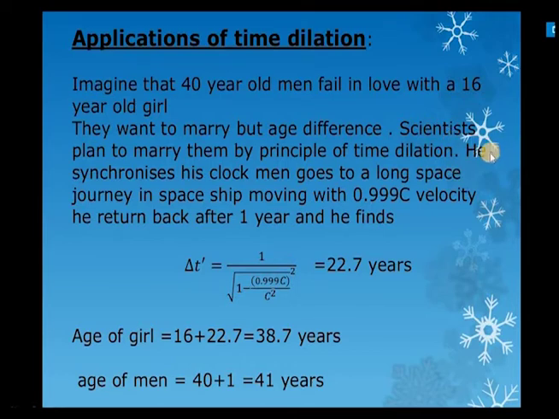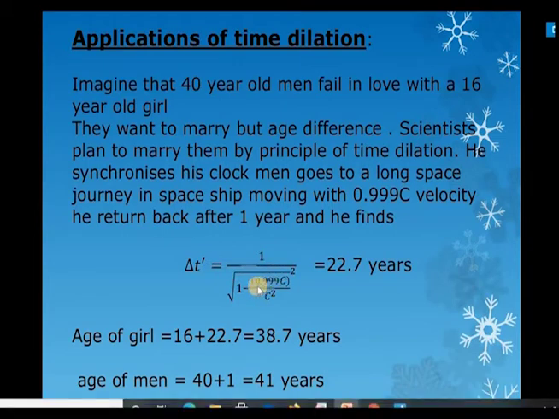How does it happen? The scientist synchronizes his clock, and the man is set out on a long space journey in a spaceship with a velocity of 0.99 c, and he was asked to return back after 1 year. Then what happens?